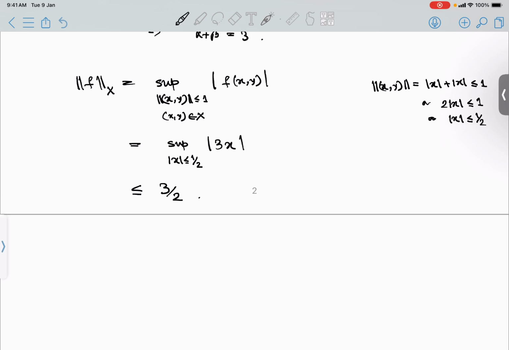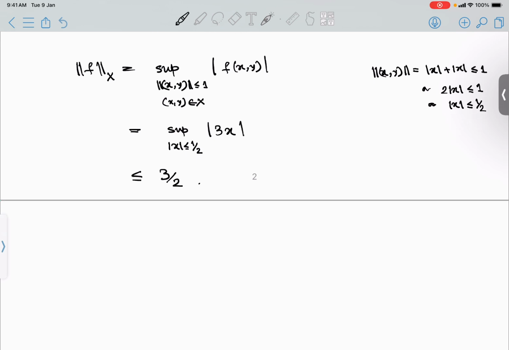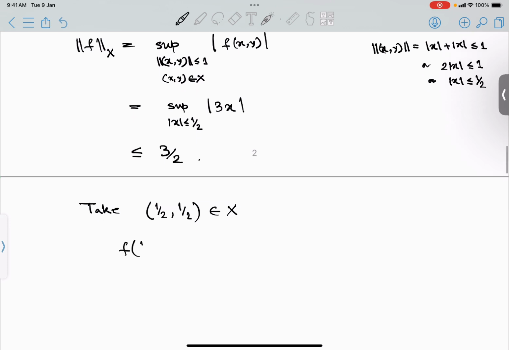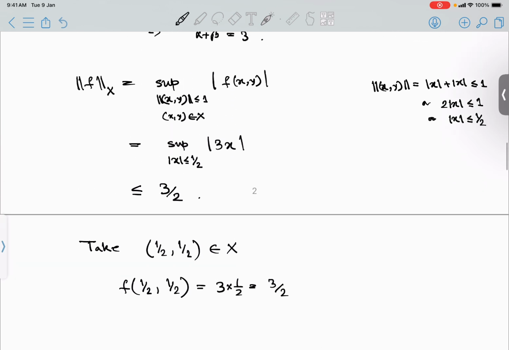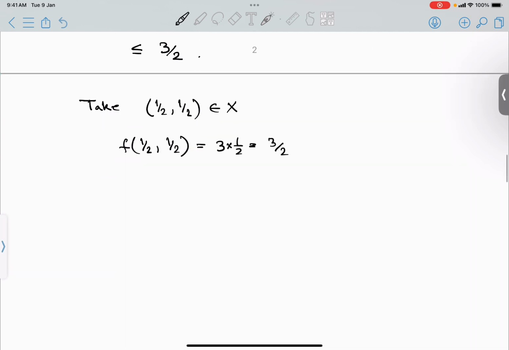So let's find a point at which the norm is attained. Take the point (half, half). As x equals y, this belongs to X. And f of (half, half) is 3x, so 3 into half is 3 by 2. So the supremum is attained at this point, and the norm of f is 3 by 2.